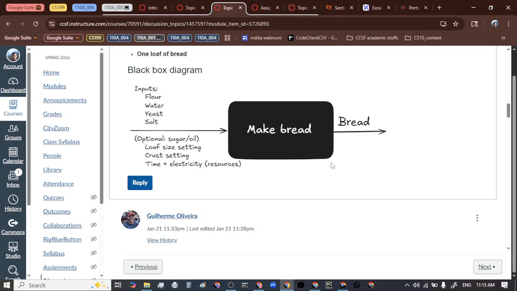So you are the user. If I am the user, as long as I get a good bread, the bread that I want, based on the input, I'm fine, right? So I don't need to know how the heating works, how the yeast works, and how long it takes, those things. That's too many details, right?